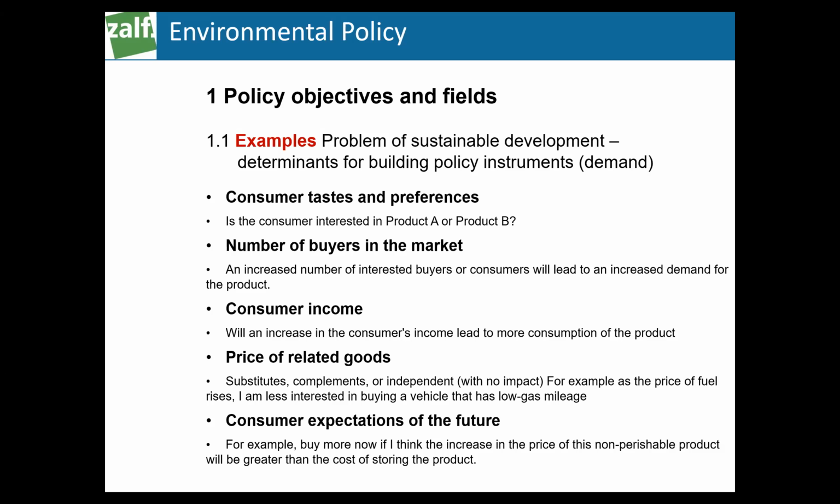That means we can change consumer taste and preferences as an entry point. We can change the market system, the number of buyers, of course, how to increase them or how to lower them. If we have a market like the meat market in mind, we have consumer income to be considered.